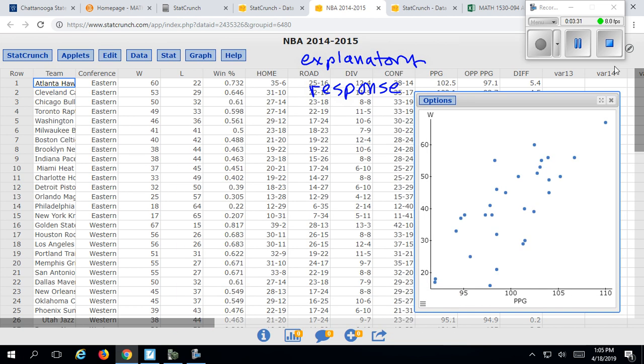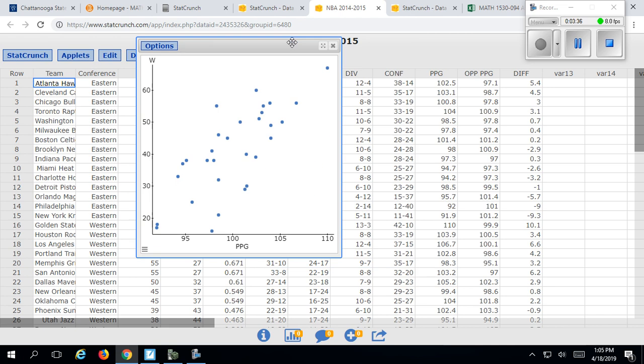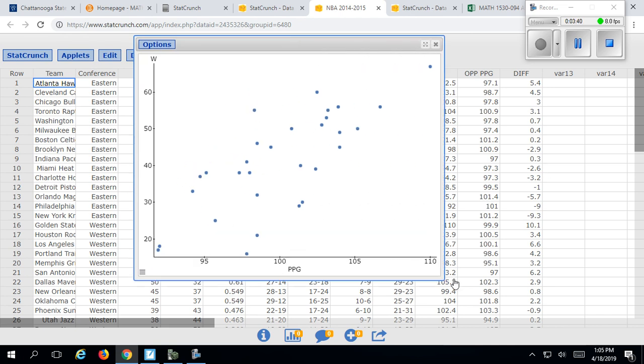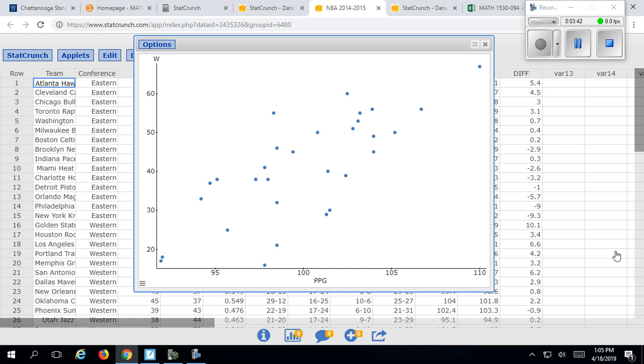So we compute and we get this scatter plot. Now it doesn't look great, but is there a general trend that you see?